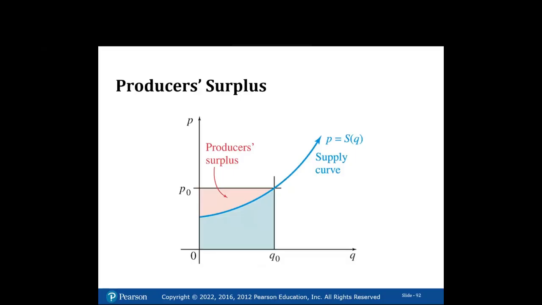Similarly, we can do the same thing for producers, right? So if manufacturers are willing to supply a product at a price lower than the equilibrium price, then say they're charging everyone at P0, if the producers are willing to sell it for less, this distance here between what they're actually selling it for and the equilibrium price that everyone would pay, that is our producer surplus.